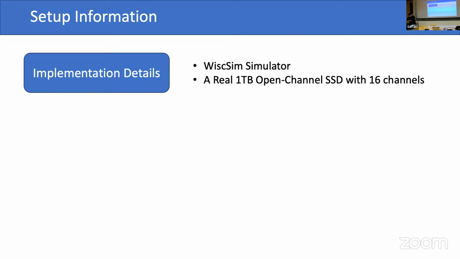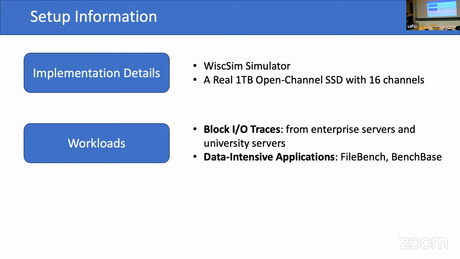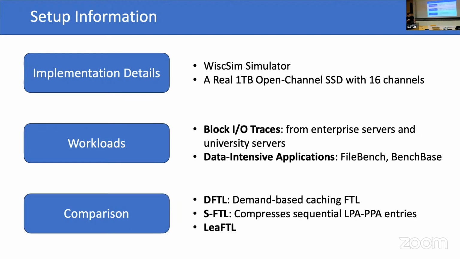So first of all, implementation details. We test on 2 types of SSDs. The first one is a simulator, and the second one is a real 1 terabyte open channel SSD. Then for the workloads, we have block IO traces from enterprise server and university server, and also a data intensive application from FileBench and BenchBase.